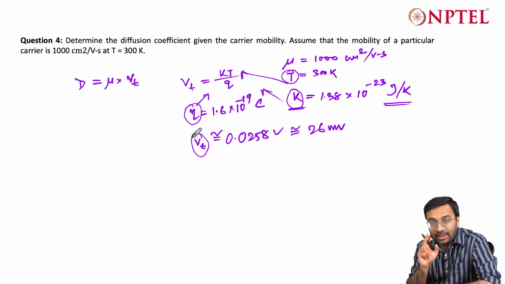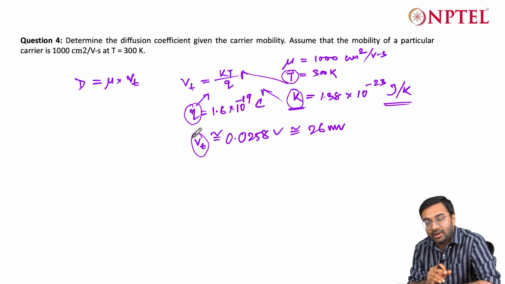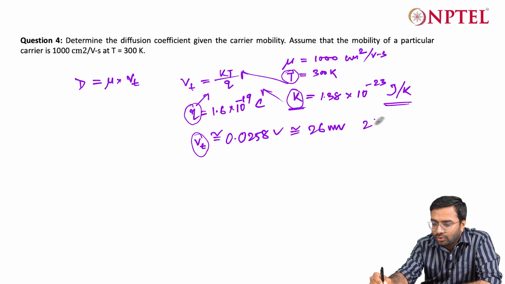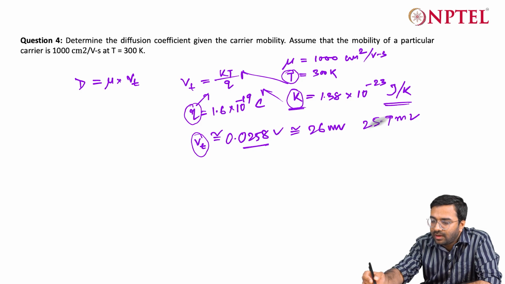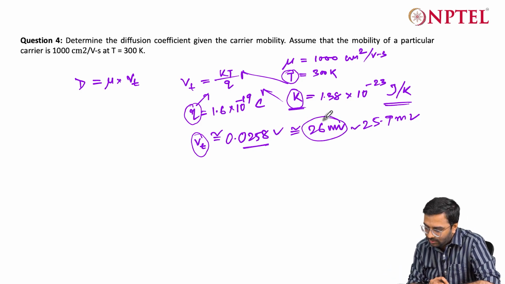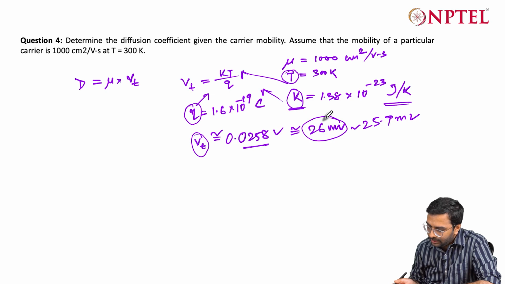We have already seen the value of KT at 300 Kelvin in electron volts, but the thermal voltage at 300 Kelvin is close to 26 millivolt. In some cases, people also use 25.9 millivolt because it is 0.0258 something, but we can approximate it as 26 millivolt as well, right.